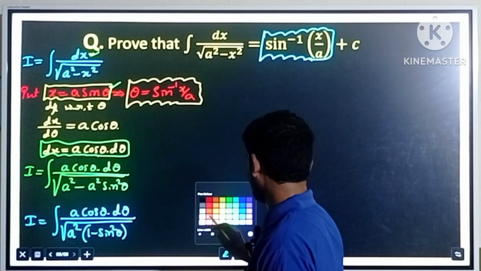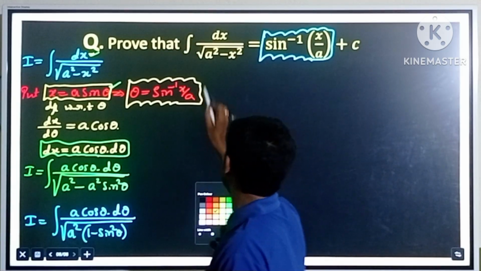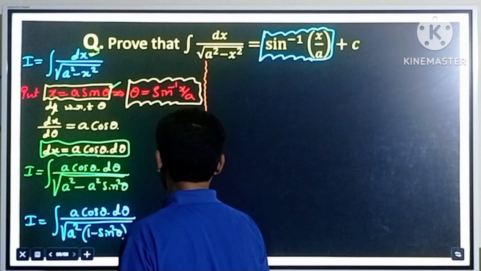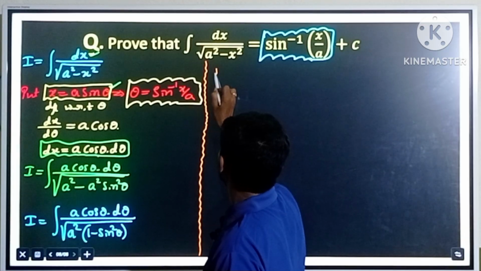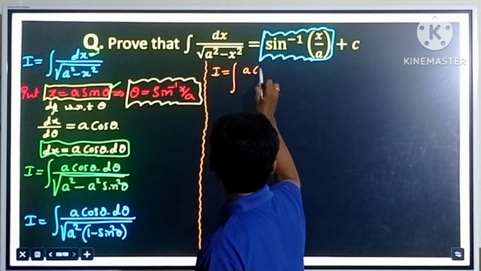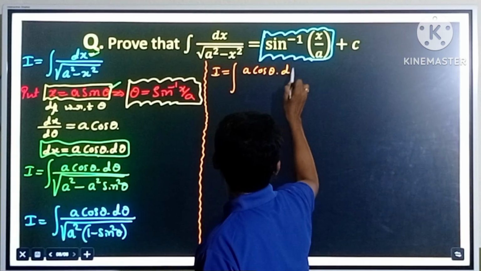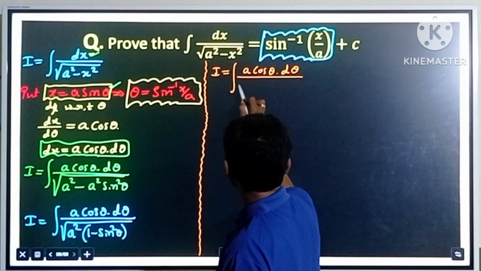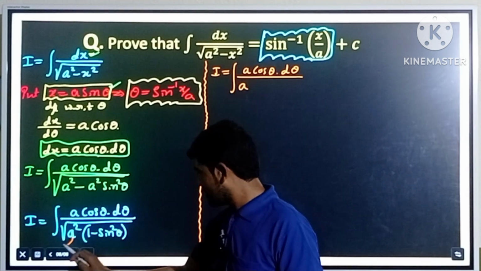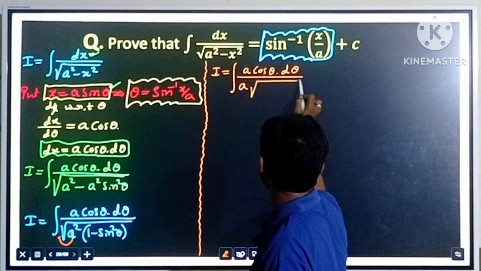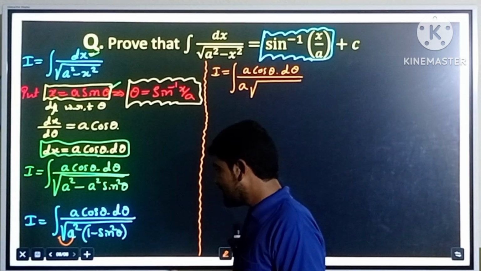After this, I is equal to the integration of a cos theta into d theta divided by square root of a square, which is a. Square root of a square is what? A into square root of 1 minus sin square theta.